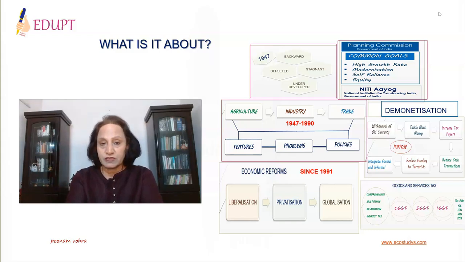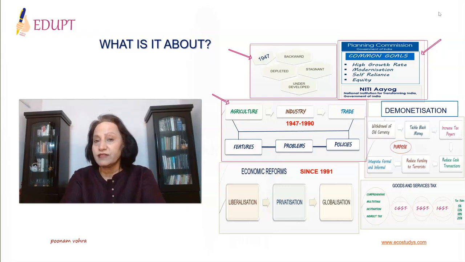These aspects comprise the first part of this unit. So you will learn the state of the Indian economy on the eve of independence, thereafter economic planning in India, and features, problems, and policies adopted in various sectors, that is agriculture, industry, and foreign trade specifically.